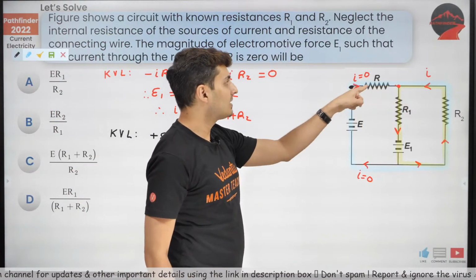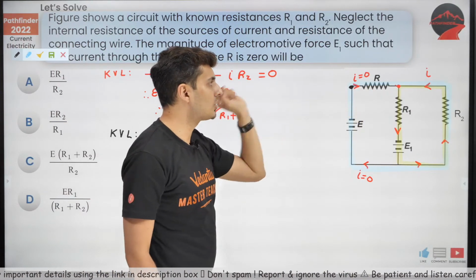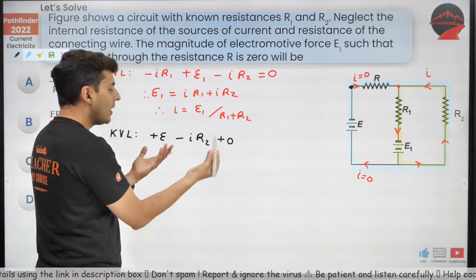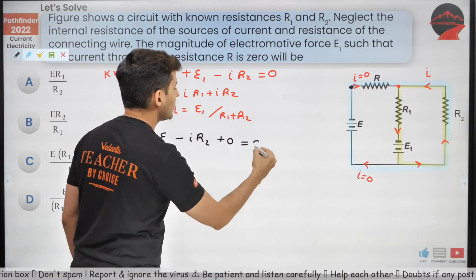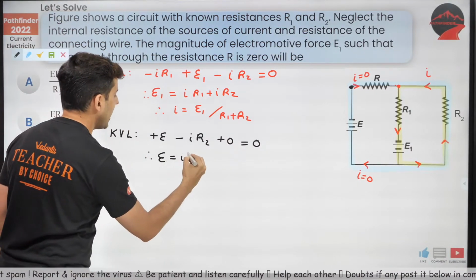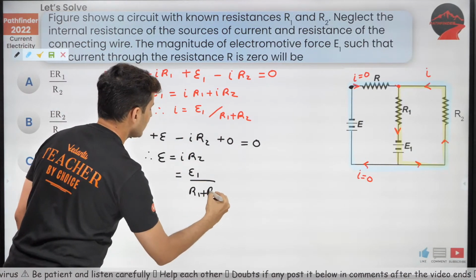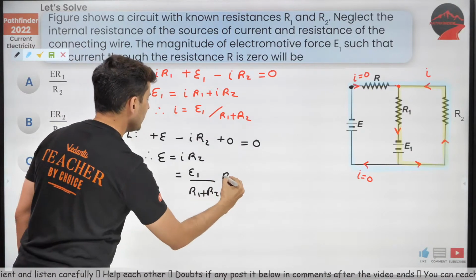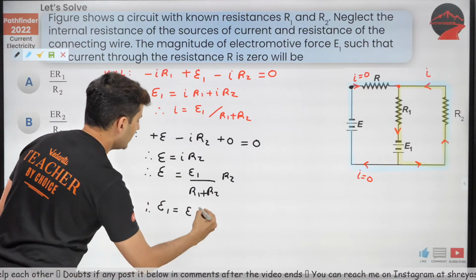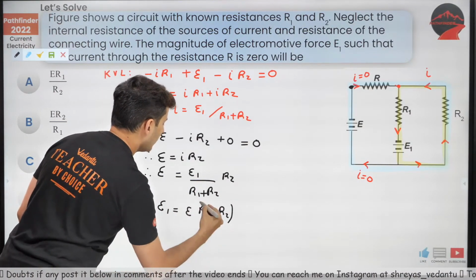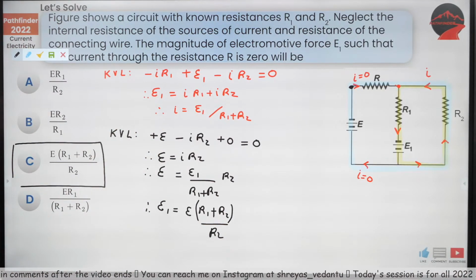Again over here, this resistor will not have any voltage drop, keep this in mind, because there is no current as per the question. So I will put 0, or even if you put I R, I itself is 0 in that branch, so 0 is equal to 0. Therefore, E is equal to I R2, but I is E1 divided by R1 plus R2, into R2. So that's E. Therefore, E1 will be E into R1 plus R2, the whole thing divided by R2. So that should be option C, I believe.